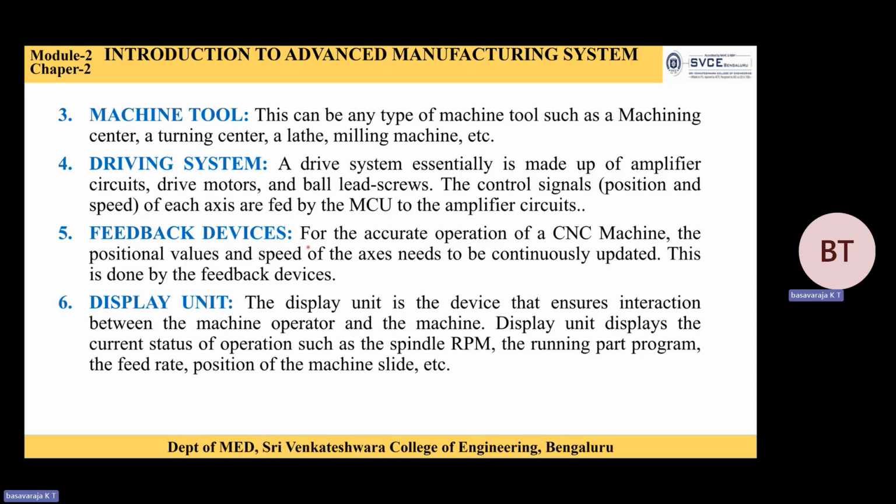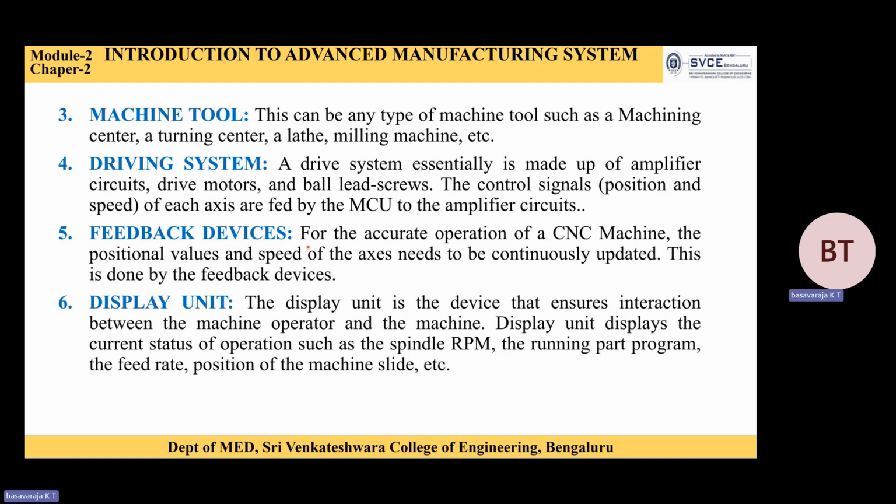If the task is to be executed very slowly and a high surface finish is required, then only we use a ball lead screw driving mechanism. The control signals, that means the position and the speed of each axis, are fed by the MCU to the amplifier circuit.